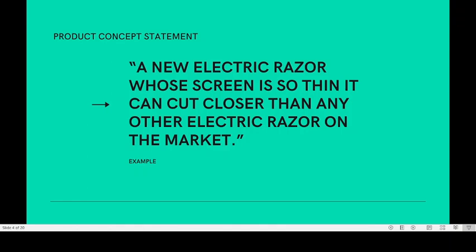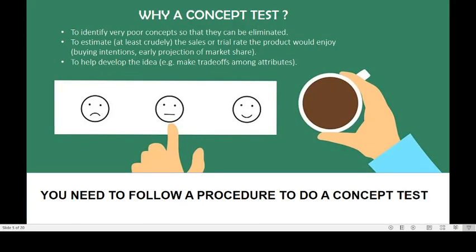Okay, so after this, I will show you what is the purpose of doing this concept testing. In a concept test, you need to identify the poor concepts first so that they can be eliminated. When you eliminate the poor concepts, you can estimate the sales of the product.